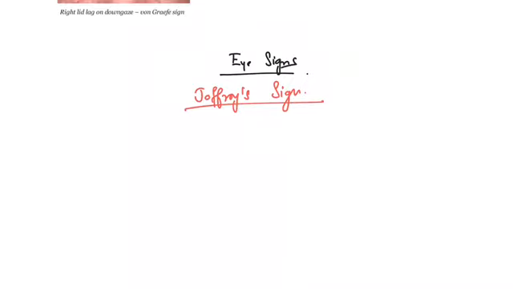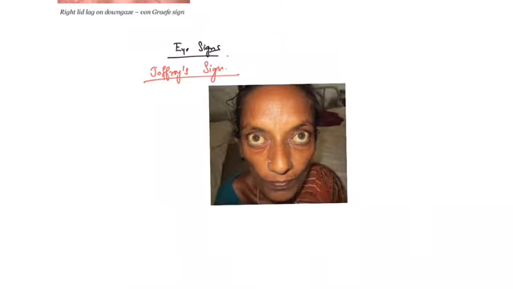Now there are various other eye signs here, and we will have a brief look at them. First, we should discuss Joffroy's sign. What is Joffroy's sign? See this picture.